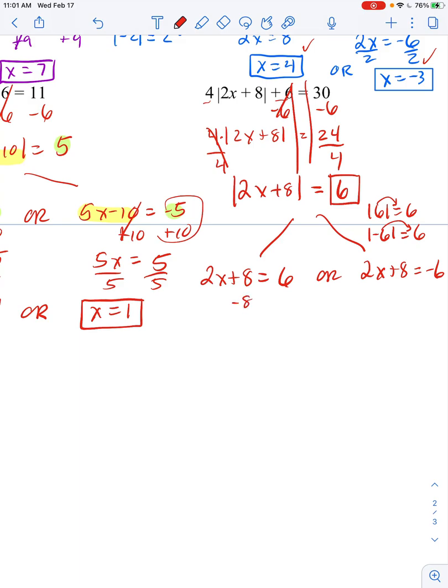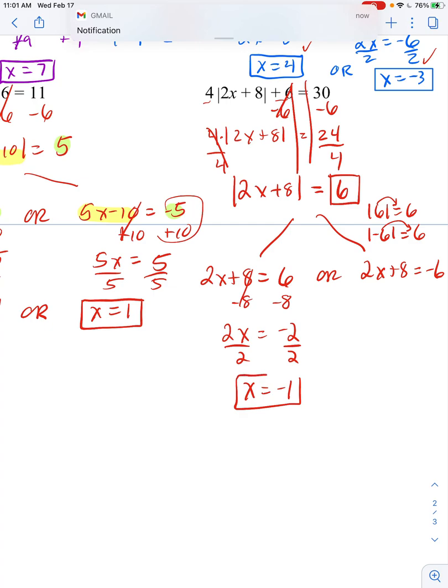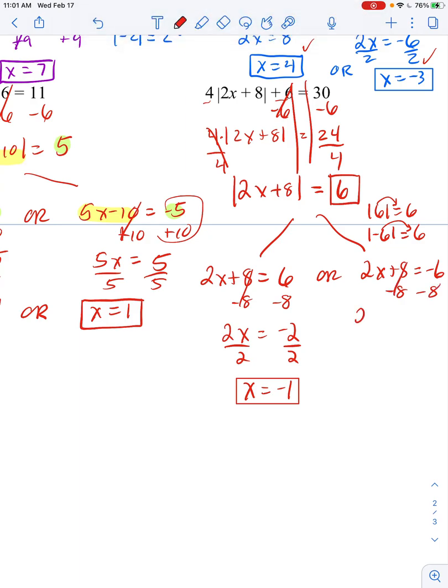So solving each, I get one possibility is that x could equal negative 1. Over here, I get that x could equal negative 7.